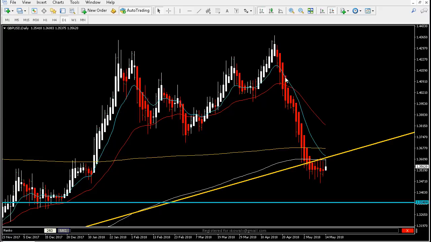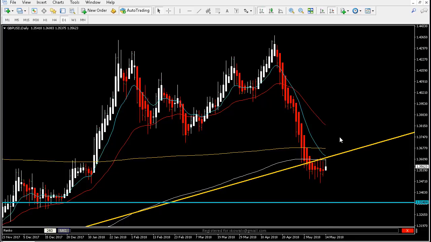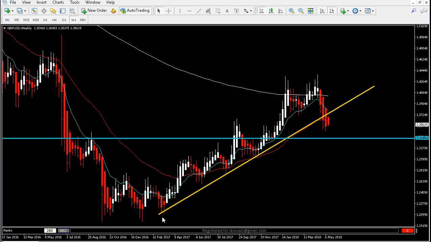As you can see on the daily chart, the price did break this line, and now it's really ranging below this support area. So that doesn't mean the price necessarily has to move down. It could also just wait and range for a little bit longer and then go back up. But we keep in mind our powerful major support line that comes from the weekly chart.